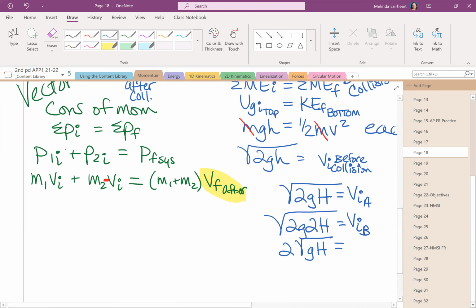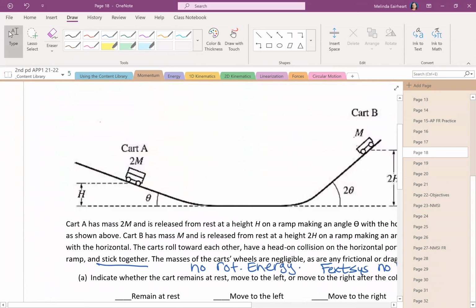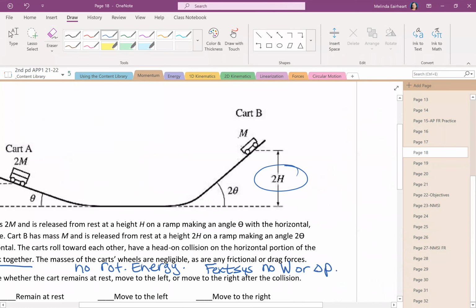This isn't a final answer, okay? And so now that I have those, if I didn't recognize the negative, I'd probably want to right about now. I just don't want you to think I'm going to double negative. What do I mean? In the problem, cart B traveled a vertical height of 2H.